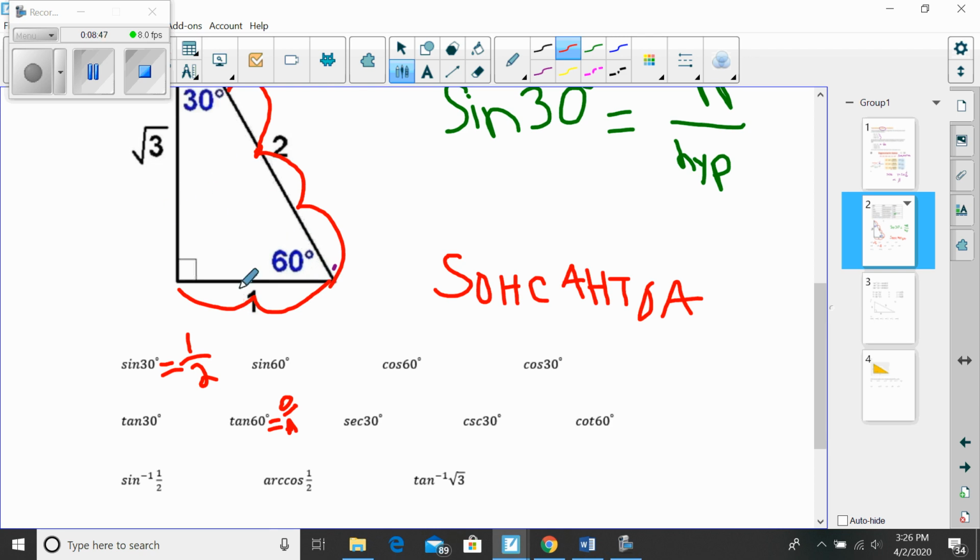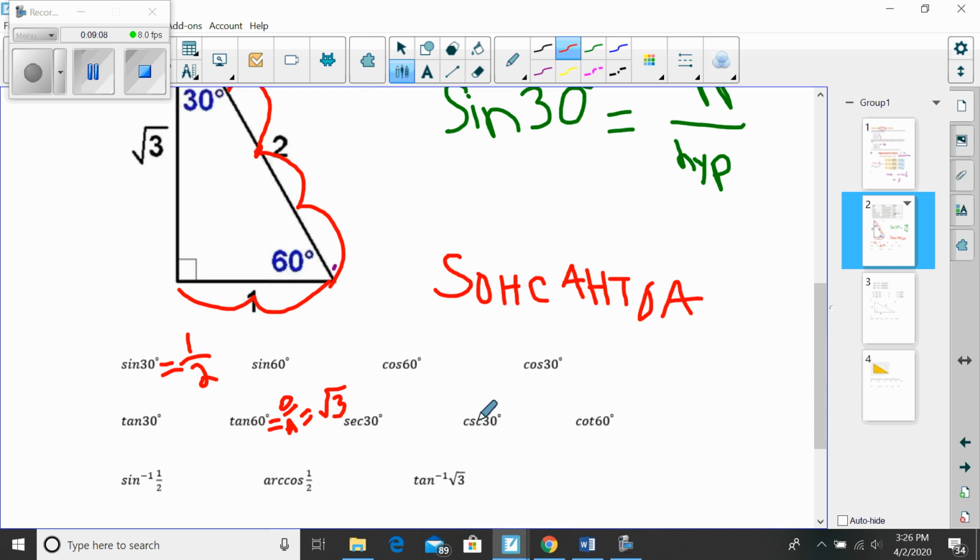Right? The opposite side is different whether I'm referring to the 30 or the 60, but I'm hoping you got that figured out back in either middle school or high school where you were first learning these. All right, so opposite over adjacent. Well, adjacent is just 1, so I'm just going to write that as radical 3.